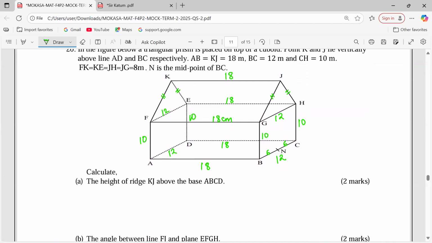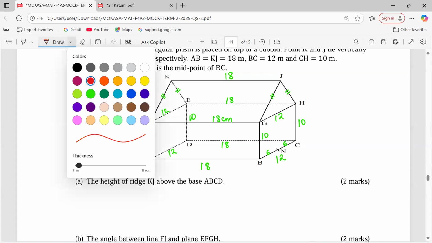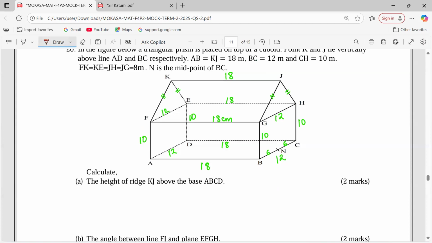Therefore, we can first deal with one of the triangles. Let's say JHG. So that we talk about. Let me just extract it like this.